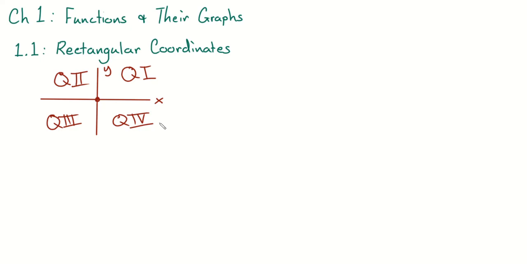Do we agree with that? Yeah. All right, number 1, give me a point in quadrant 2. Give me any ordered pair that you would find in quadrant 2. -5, 3. Negative x, positive y.